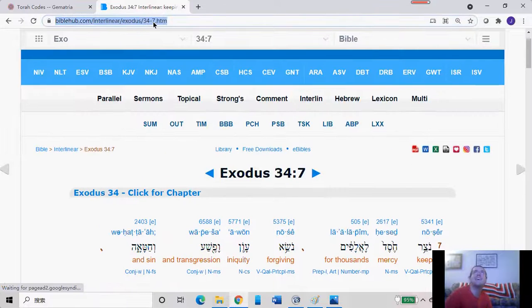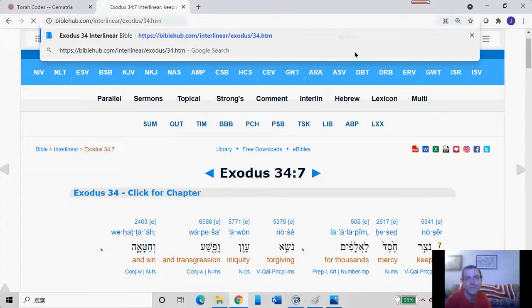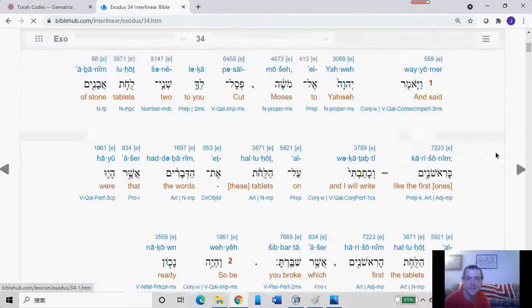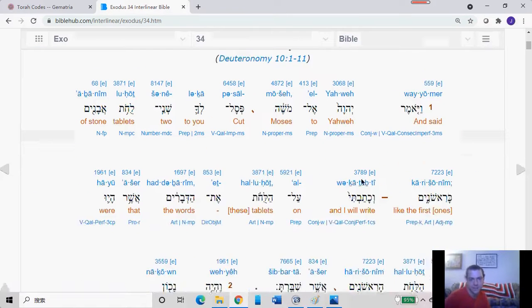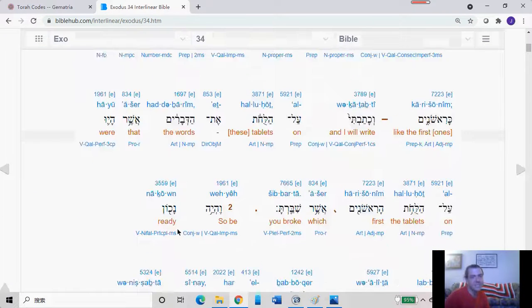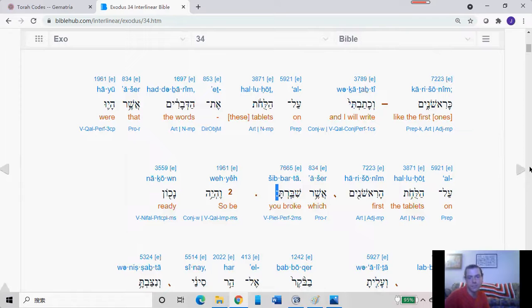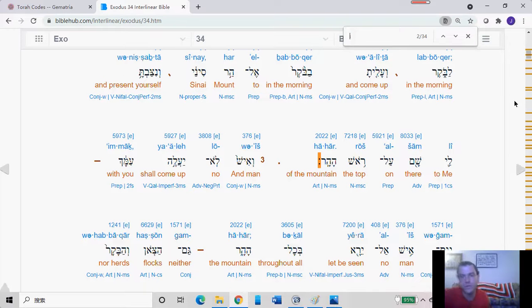So remember when I said that it's verses 6 and 7? Well, wait a second. How many do you see here? This is where they don't line up. So how many verses are there in total? You've got 34, right?